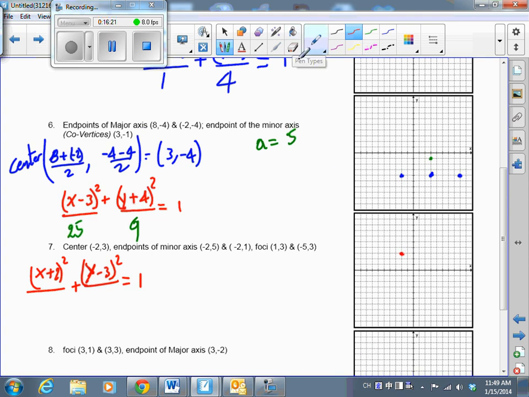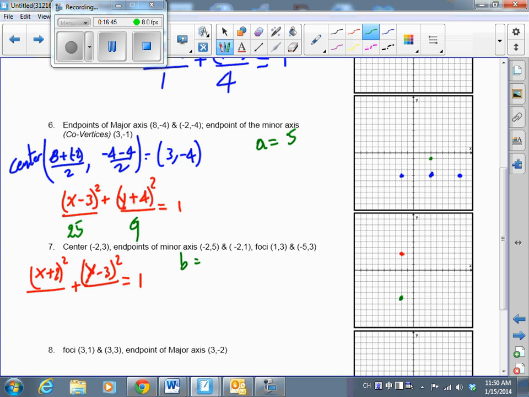The minor axis, minor, what does that mean? B. The minor axis is at -2, -5. I don't know if it's really the minor. It looks pretty big to me. -2, -5.